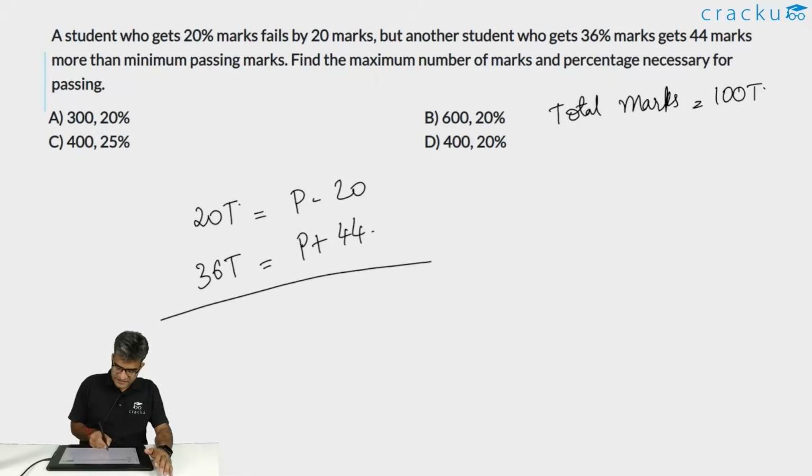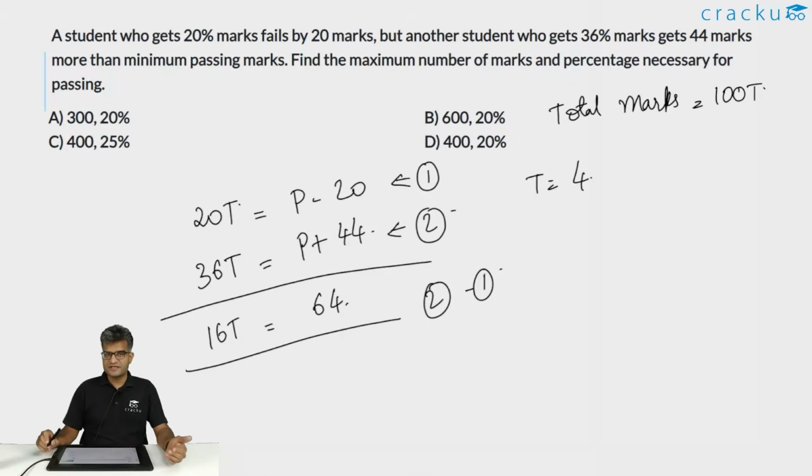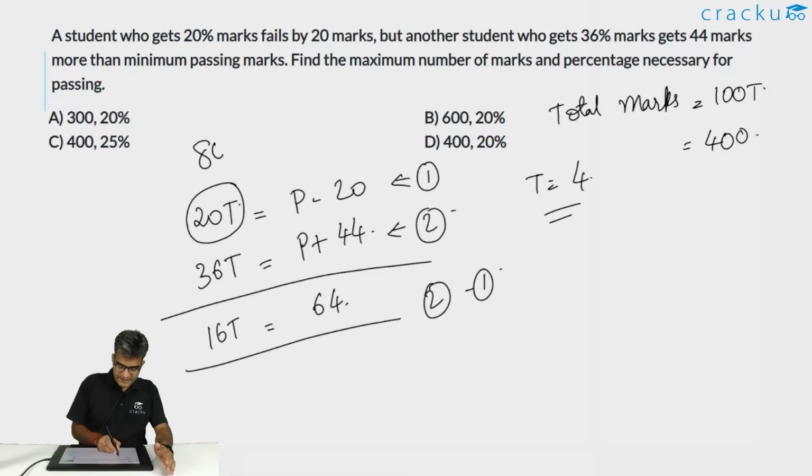You can subtract one equation from the other. If this is the first equation and if this is the second equation, the value of the second equation minus the first equation will be 16T. This will be equal to 64. This would imply that the value of T is equal to 4. So the total marks that are there in the examination is 400, and the value of 20T, because T is 4, will be 80, is equal to P minus 20, or the value of P is 100.